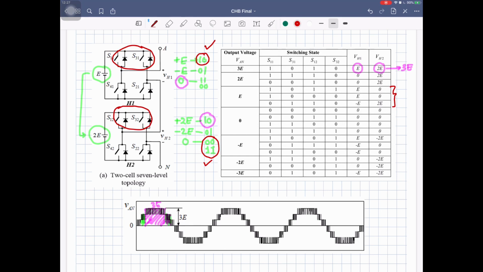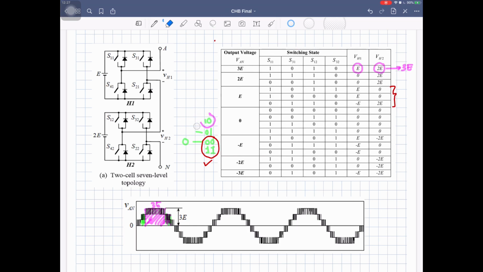Another way to get E volt at the output is that from the first inverter, let me first of all make some space to write over here. So let me remove this one. So if I say I want to get E, that can be obtained by taking plus 2E from here and minus E from here, summing them, I will get E, 2E minus E, right?